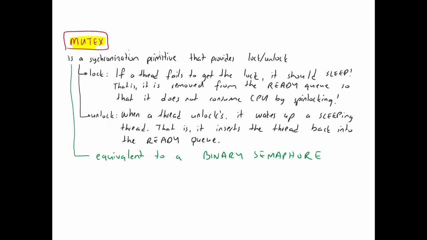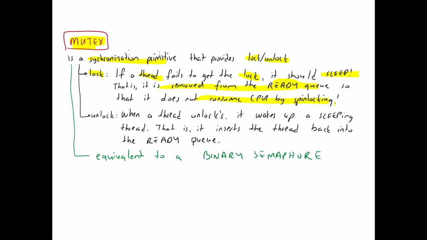Mutex stands for mutual exclusion. It's a synchronization primitive that again provides a lock and unlock mechanism, okay? And what a lock does is, if a thread fails to get the lock, it should sleep. Sleeping means that it is removed from the ready queue so that it doesn't consume the CPU by spin locking.